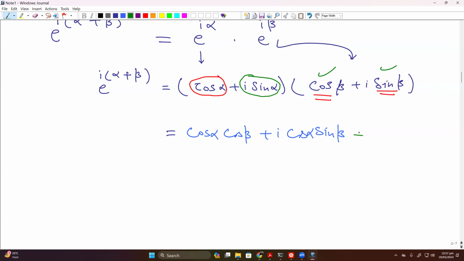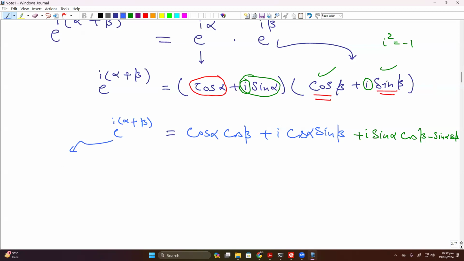This is sine alpha cos beta, and now this one has iota, and this one has iota. If I'm multiplying these two terms, I'm multiplying iota and iota, and iota squared is equal to minus 1. So I'll get a minus sign here, and then I'll have sine alpha and sine beta.